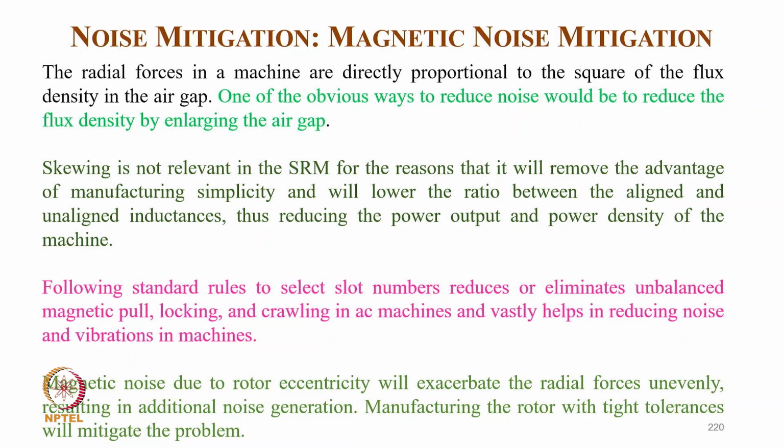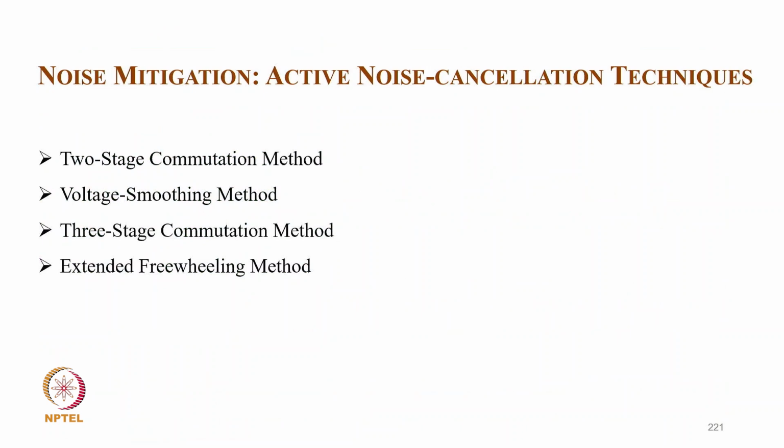Following standard rules to select the slot number reduces or eliminates the unbalanced magnetic field, locking and crawling in AC machines, and vastly helps to reduce the noise and vibration in the machine. Magnetic noise due to rotor eccentricity will accelerate the radial force unevenly, resulting in additional noise generation, and manufacturing the rotor with tight tolerances will mitigate the problem.